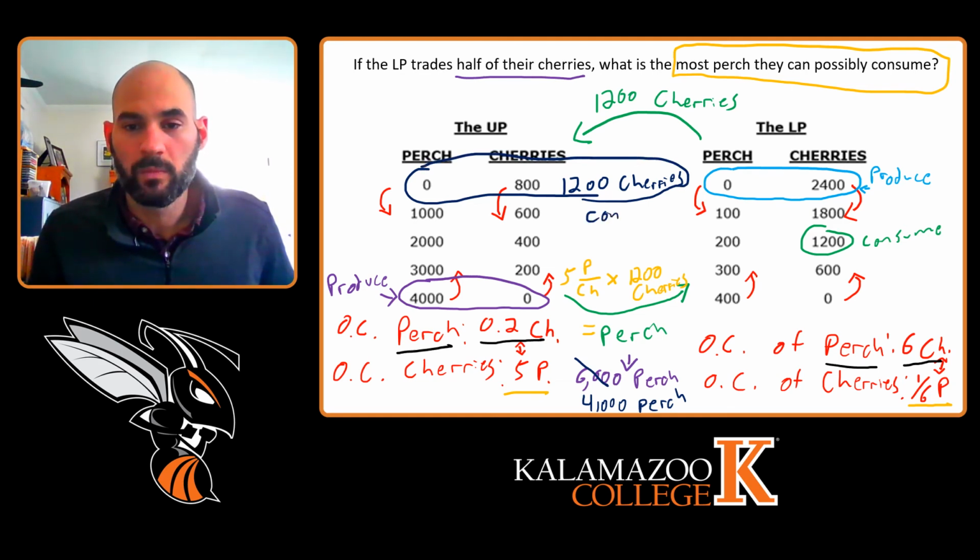They're going to consume that amount. And the LP is going to be in a world where they consume 1,200 cherries as previously indicated, but instead of consuming 200 perch, they're going to be able to consume 4,000 perch.